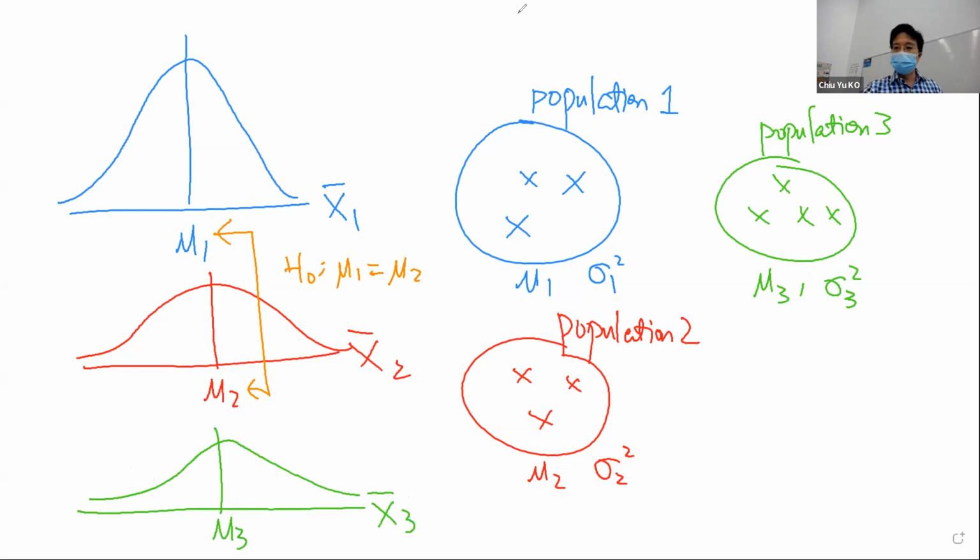What we want to see is whether these three are the same. The null hypothesis is: is mu1 equal to mu2 equal to mu3? Are the three groups the same? That is what we want to do.